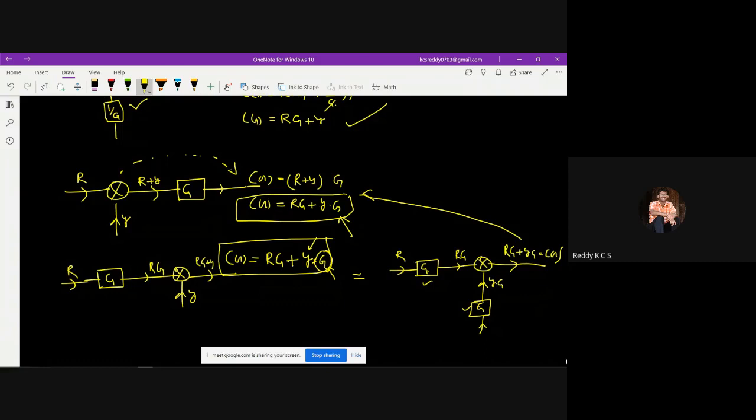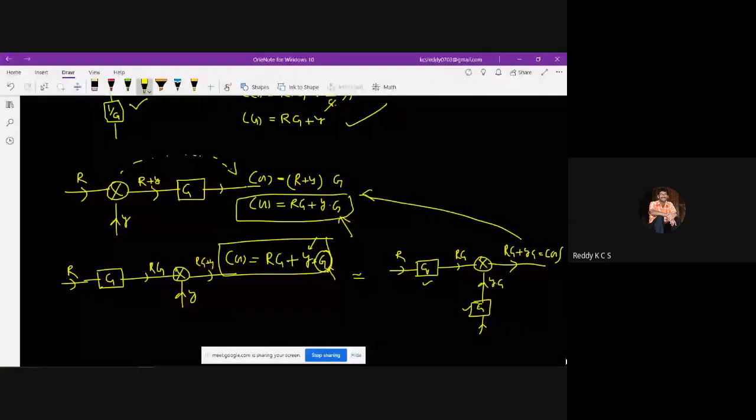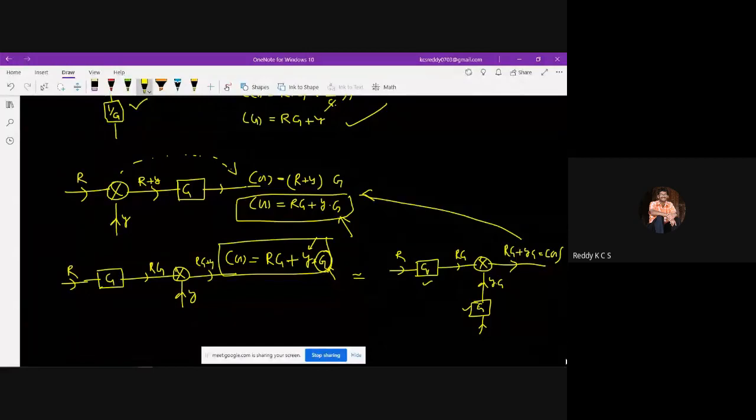Say if it is G1, then this will become G1. If it is G2, then this will become G2. Likewise, it has to be added in this Y signal so that the output will not be affected. So this is how the block diagram rules are going to be used.